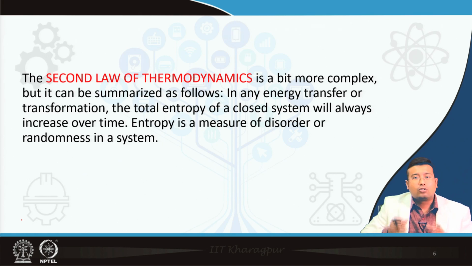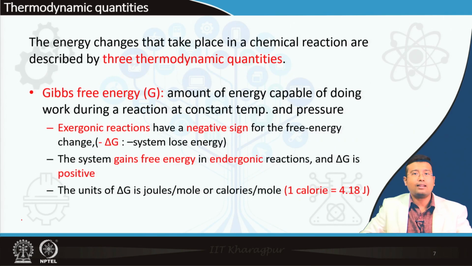If we go to the atomic level, we will always find that whenever an energy transfer occurs across a system, the resultant product will always have greater disorderliness or randomness. So, when A is transformed to B, B will always have more entropy, it is more disordered.